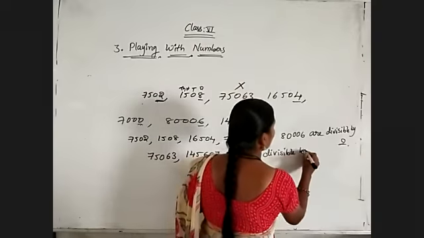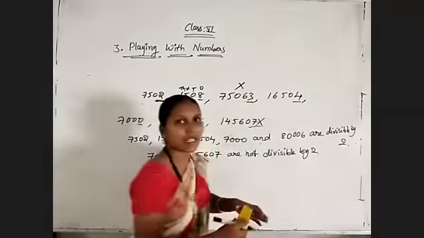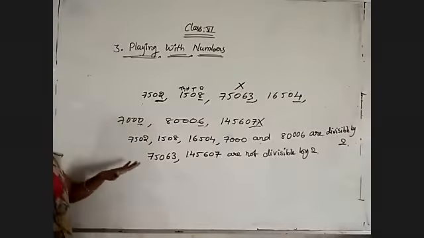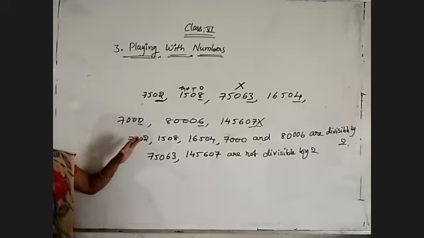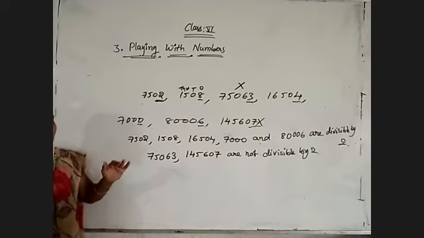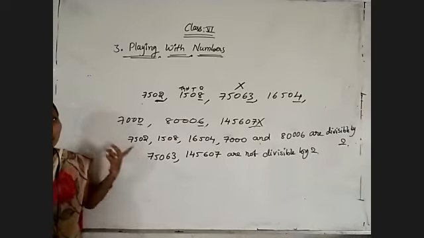So within 2 minutes we decided whether those are divisible by 2 or not. If we do actual division, we will get the result, but it will take so much time. So for avoiding the time consumption, we are using the divisibility rule.